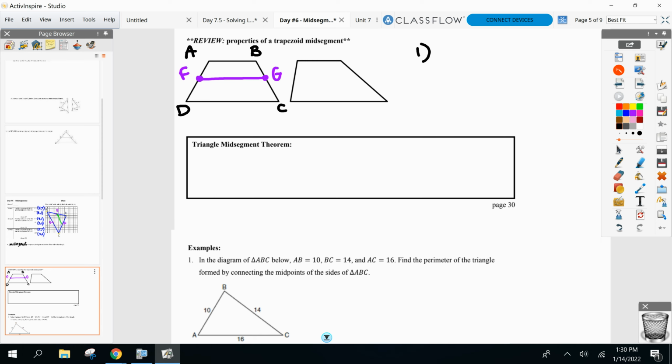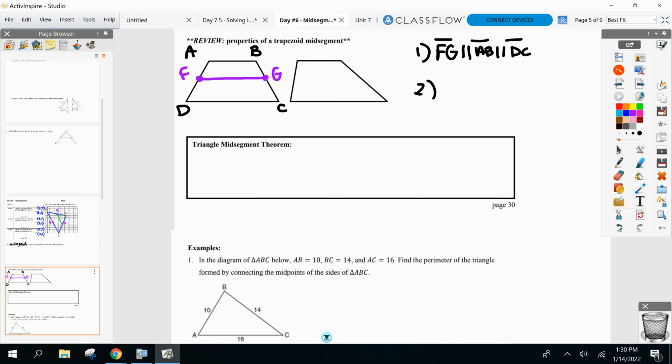Jonah: It's parallel to the bases. Good job. That's usually the one people forget. So FG, the mid-segment, is parallel to AB, parallel to DC. Yep. It's parallel to the two bases.